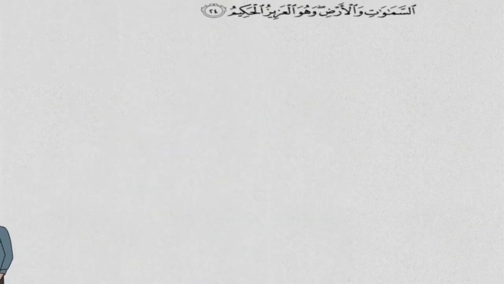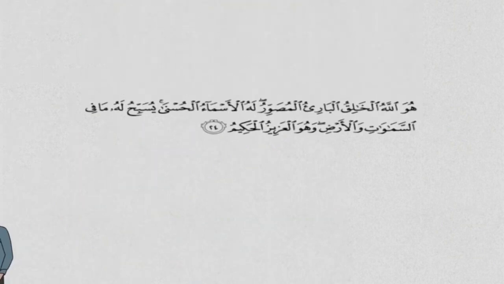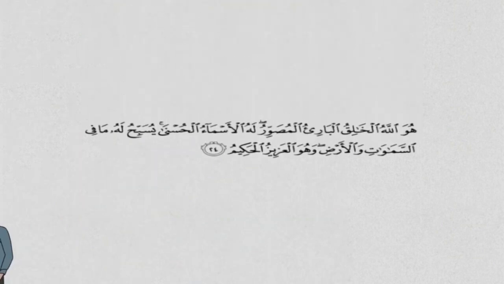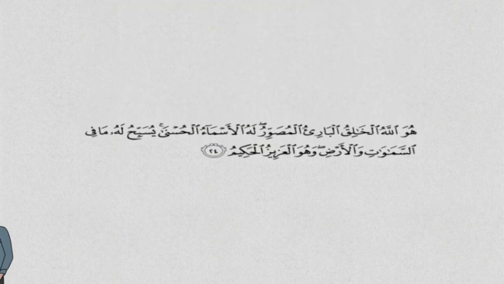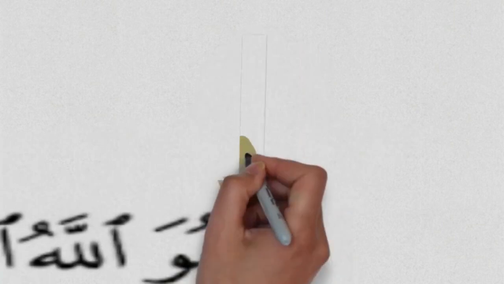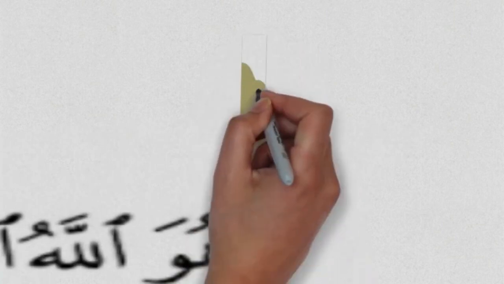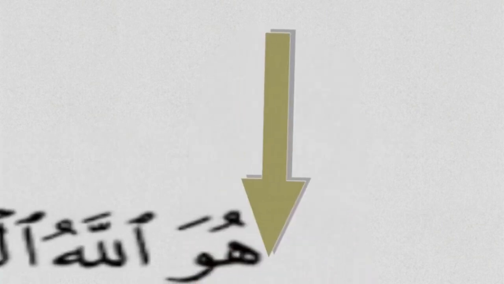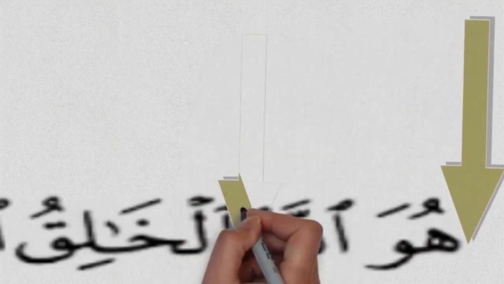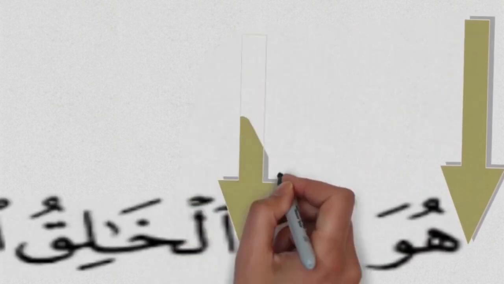The same applies to the following verse that starts with another similar pronoun. هو الخالق البارئ المصور. Some interpretations of the Quran say the pronoun he is ضمير الشأن, a dummy pronoun. The same function can be noticed here as well.